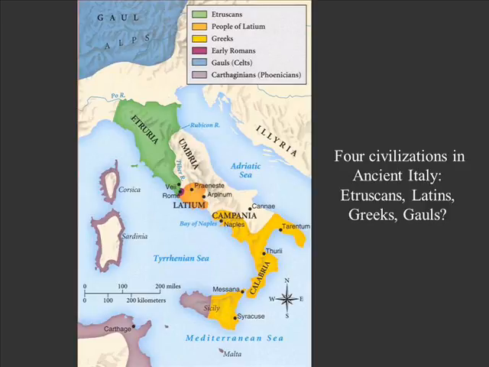Basically, they're the flatlanders. They live around fairly good farmland. You can see they're not nearly as large as the Etruscans territorially on this map. So they feel more vulnerable to attack, especially from the north.